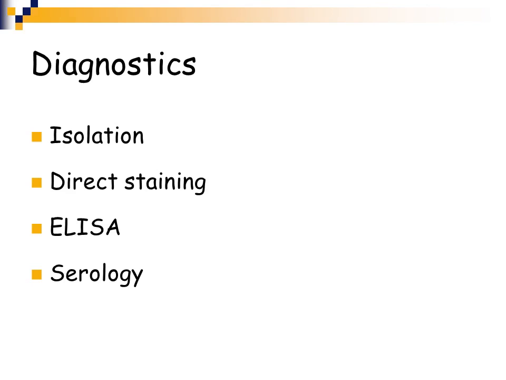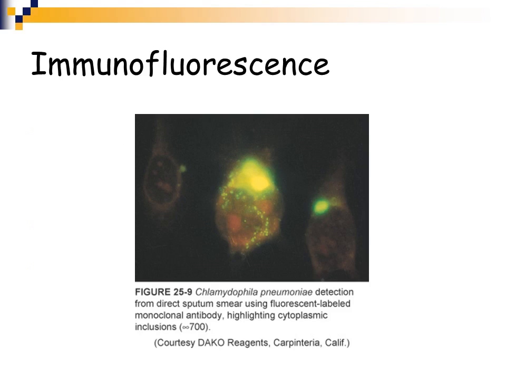So, for diagnostics, you can either isolate the chlamydia organisms, or you can do some direct staining. More commonly, like the rickettsia, since these are intracellular organisms, you're going to do serological based testing and ELISA, or enzyme linked immunosorbent assays.